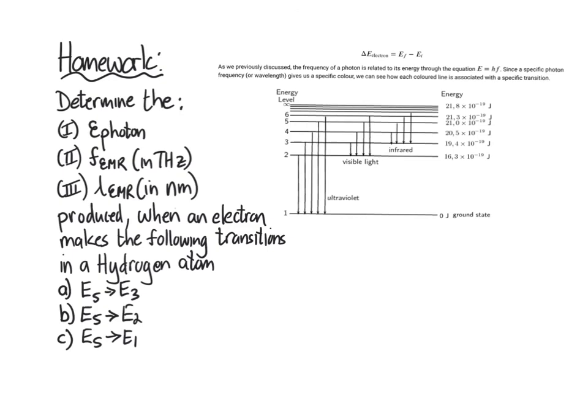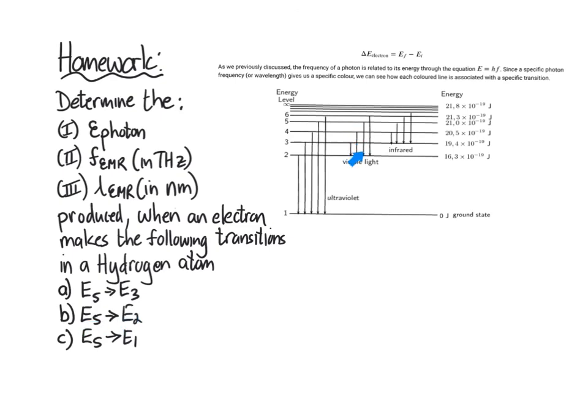So I've asked here for you to make these calculations for each of these transitions. This will be from energy level 5 to energy level 3. So that would be part of the infrared series, the Paschen series. And then do the same for the transition from energy level 5 to energy level 2.